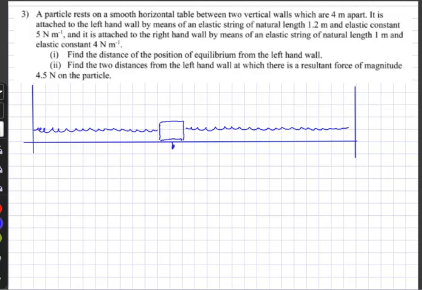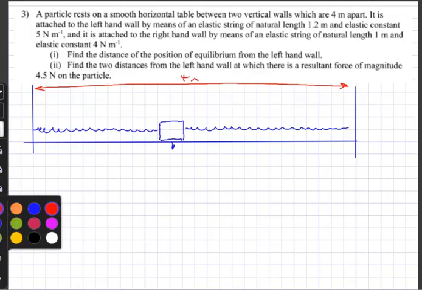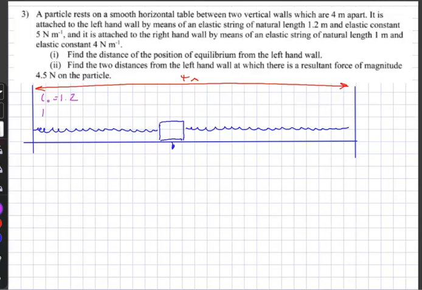So we know that the entire distance between these two walls is 4 meters. The left-hand wall has an elastic string with natural length of 1.2, so L naught is 1.2 and its constant is 5, and it's been stretched a certain distance.